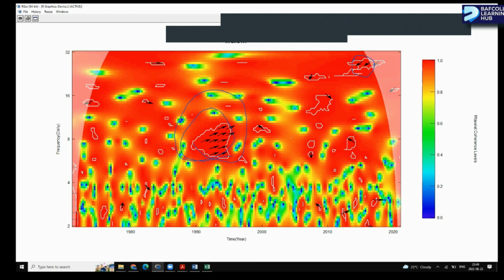So this is in the medium term, X is leading between about 1988 and let's say 1995, between the scales of 6 and 10. That's medium term. X is leading. And when you come here, they are out of phase and still X is leading.